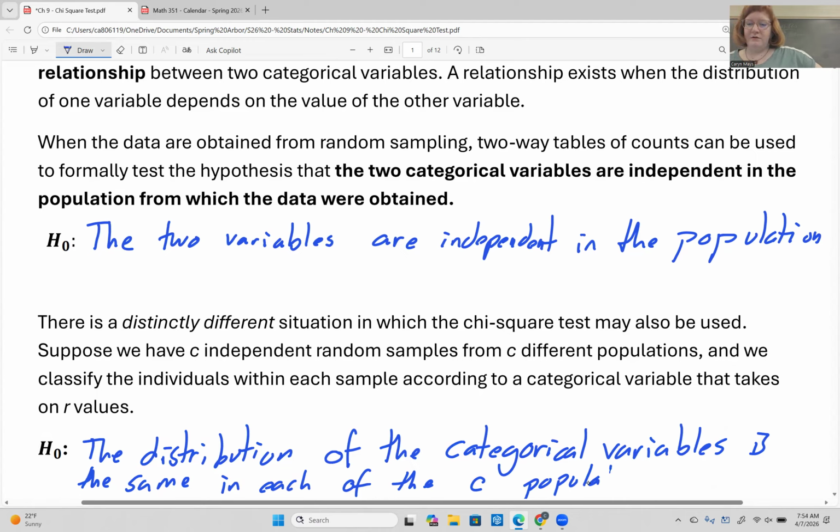Ultimately, these two null hypotheses are generally saying the same thing.